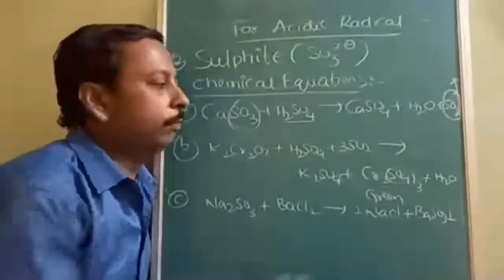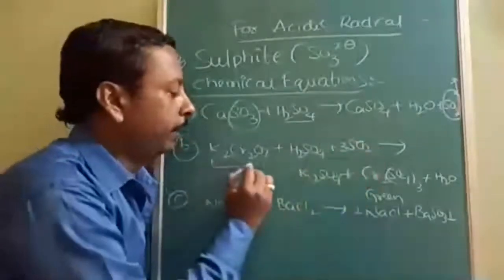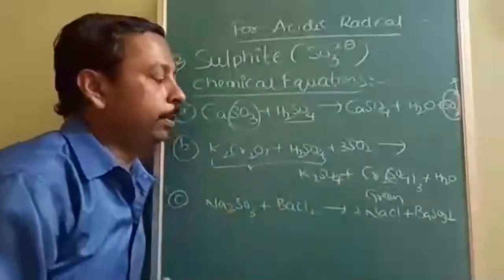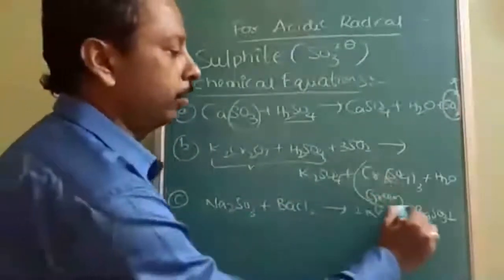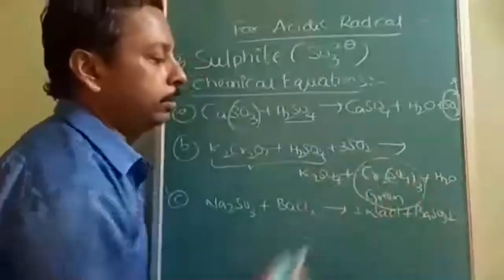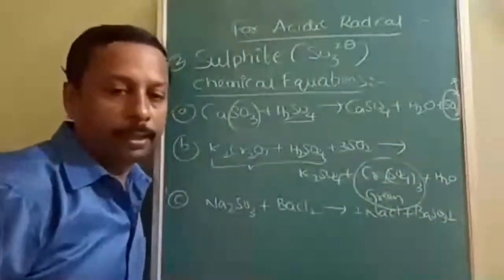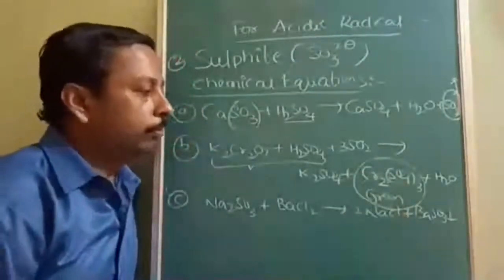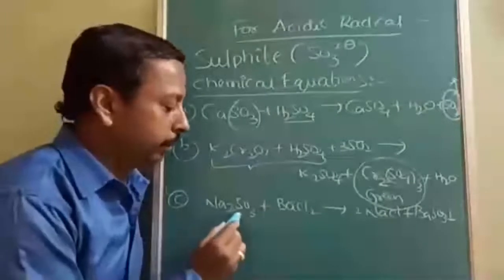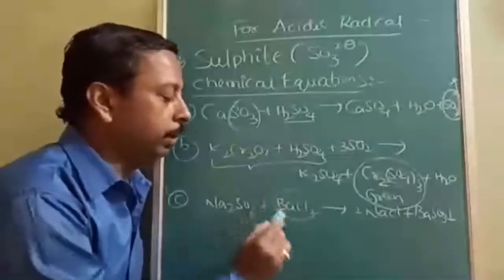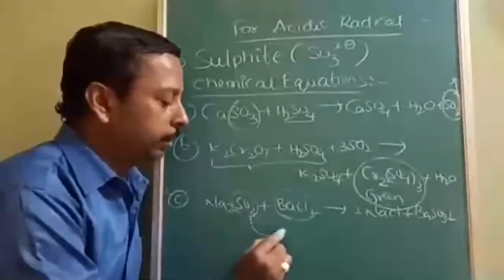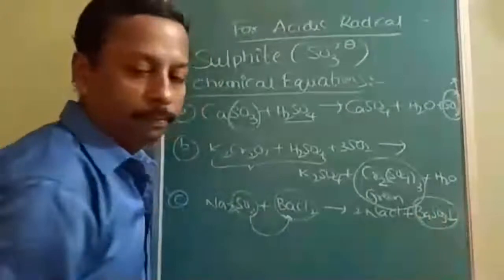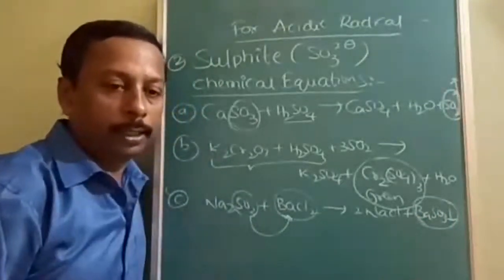To confirm, we pass it through acidified potassium dichromate, and a green color will be there. The green color is due to chromium sulfate, Cr2(SO4)3. Now, for the third confirmation test, we pass it through BaCl2. If sulfite is there, sulfite and barium combine to form white barium sulfite.